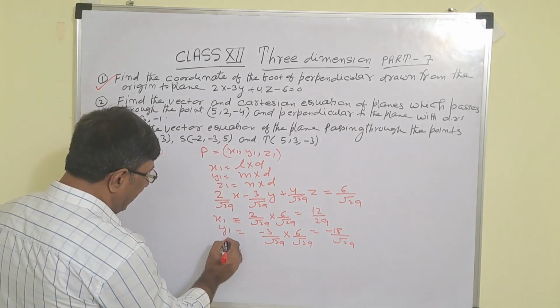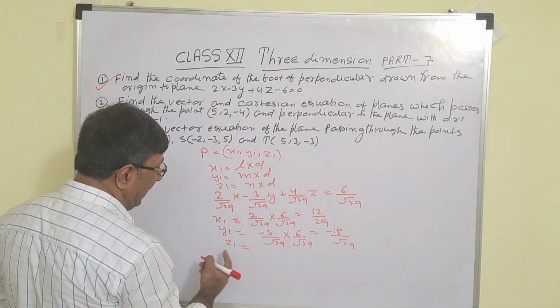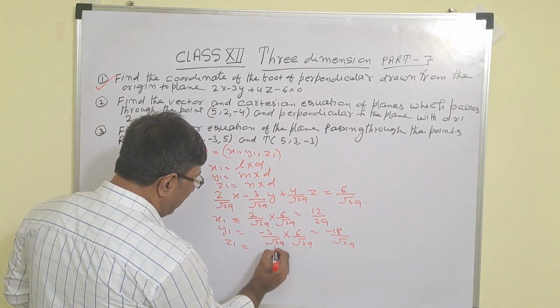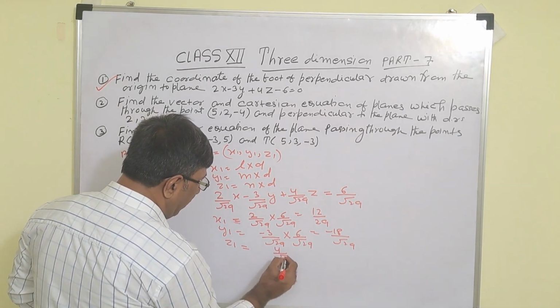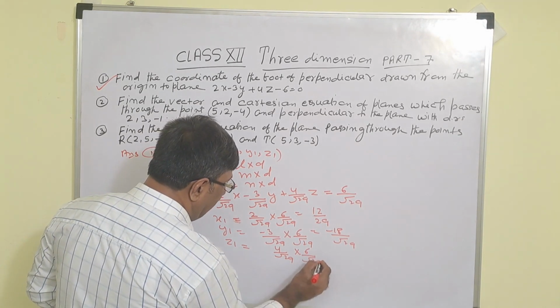In the same way, z1 equal to N into D. N is 4 by root 29, so this is 4 upon root under 29 into 6 upon root under 29.